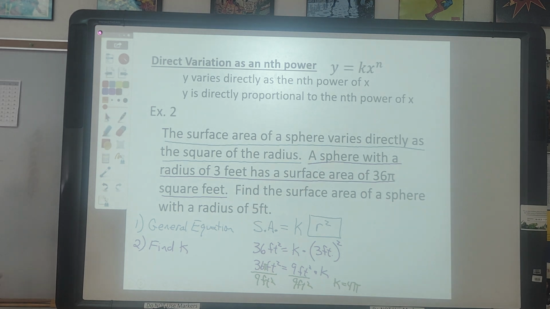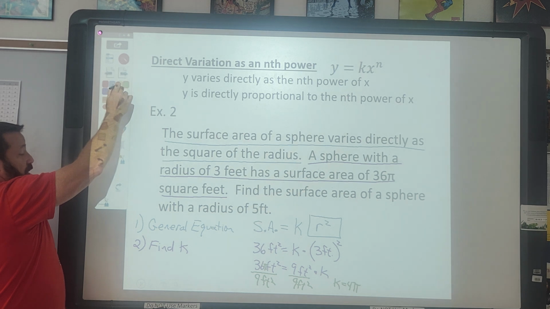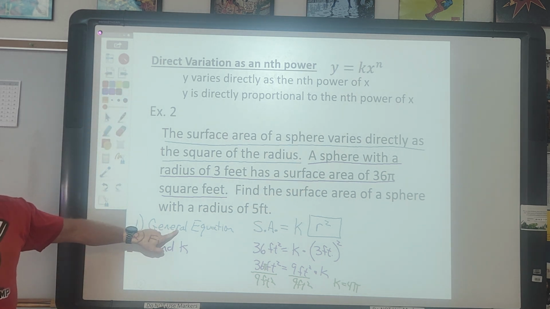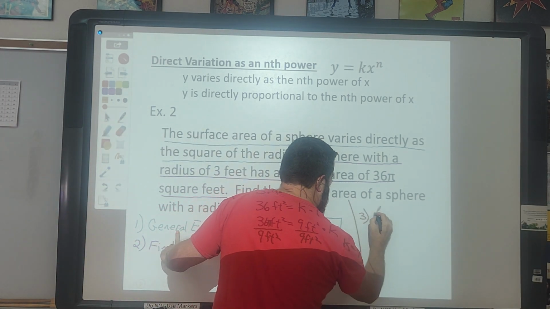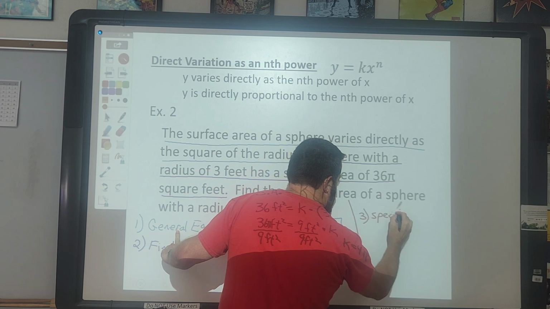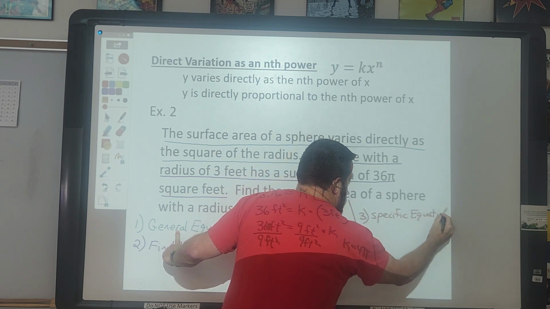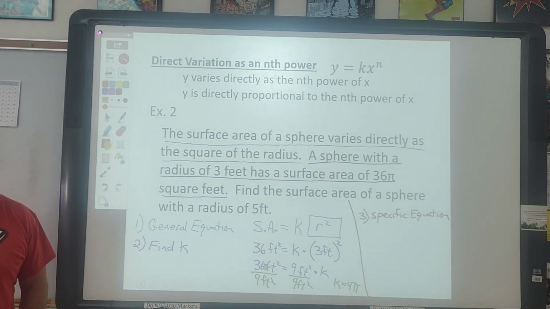Step 3 is a pretty simple one. All I'm going to do is rewrite. Now instead of having the general equation, I'm going to write, step 3, a specific equation, which is just me saying in a fancy way, rewrite your equation with the k value you found.